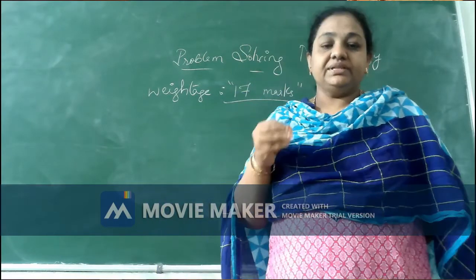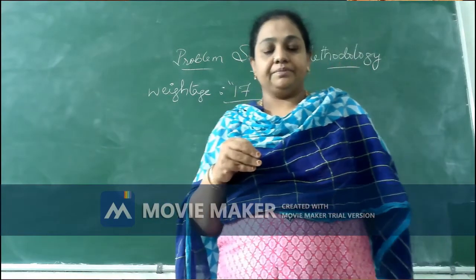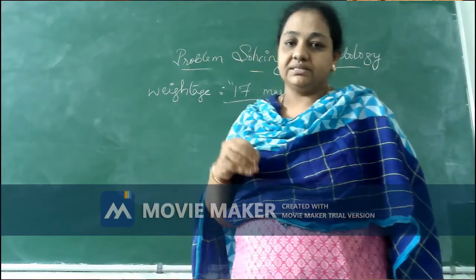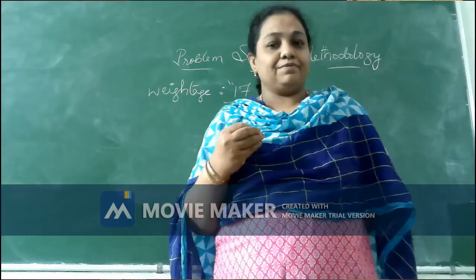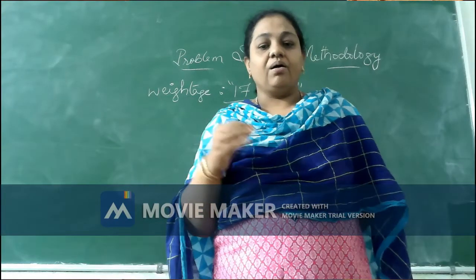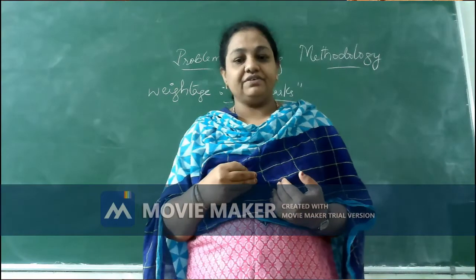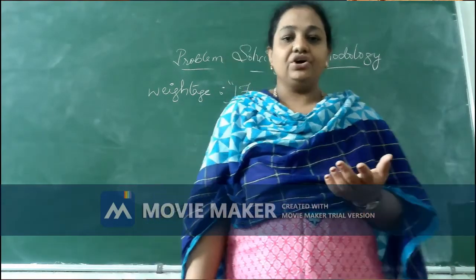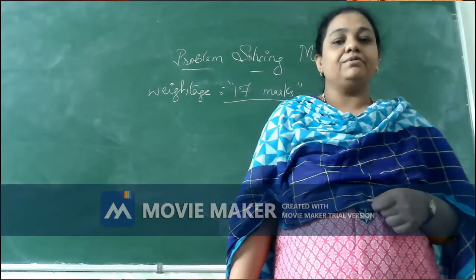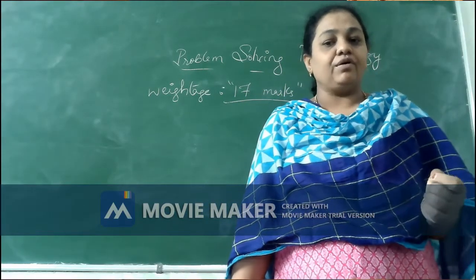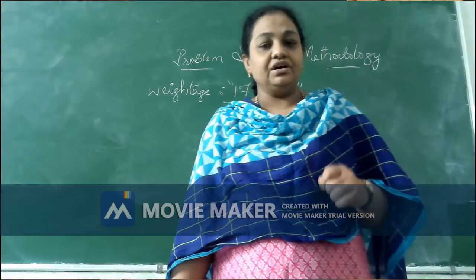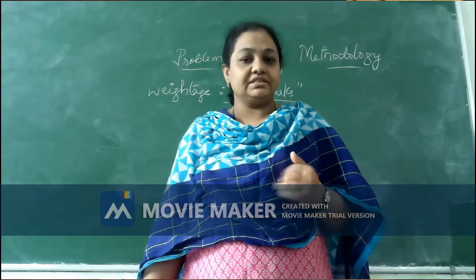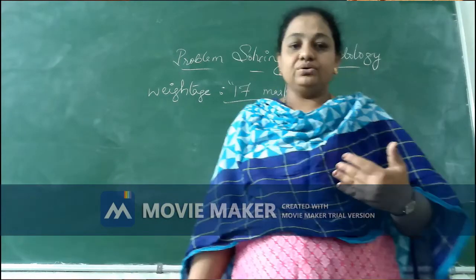If you study this chapter completely, you can score 17 marks. So the weightage I have written here is 17 marks. Let's get started and check what are the different methods involved in solving a problem using a computer system.